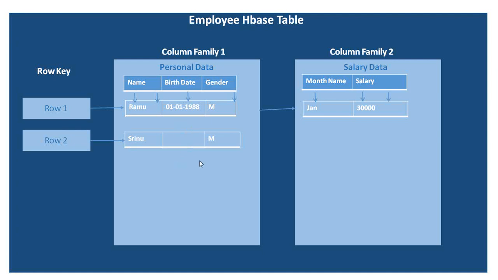This is just an example. In real time, the data will be like this only. Suppose you take any social media, there is no necessity of filling in all the education details and job details.